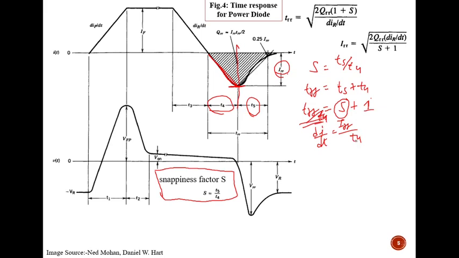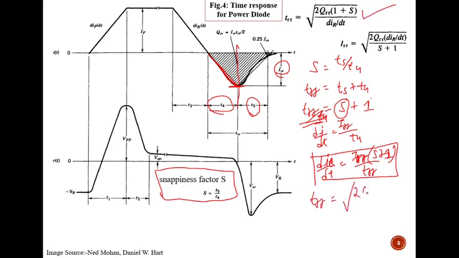Using this T4, we can replace di by dt, because it depends on the rate of change of current. So this is the IRR, and T4 is equal to TRR by S plus 1. By changing this equation between them, you can achieve the TRR equation: square root of 2QRR times 1 plus S upon TRR.